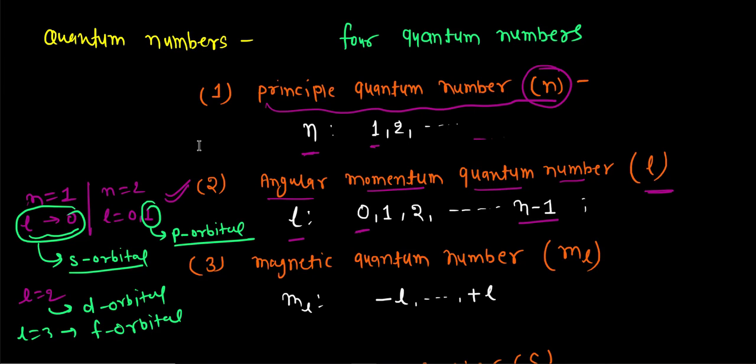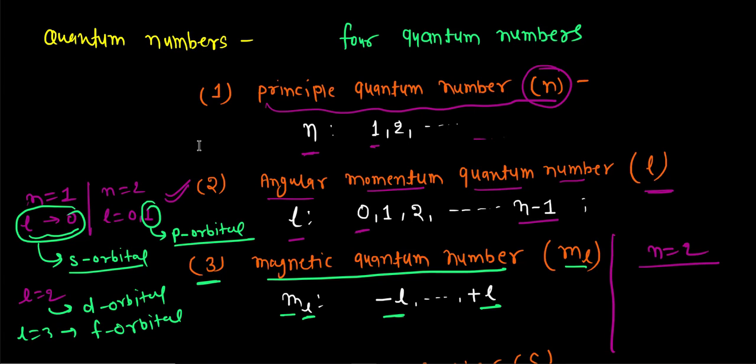Okay, now the third quantum number is the magnetic quantum number, which we denote by m sub L, because the m is dependent on the L. The value of the magnetic quantum number is from minus L to plus L. Okay, so for example, let's say n is equal to 2. For n is equal to 2, we saw L can be 0 or L can be 1.